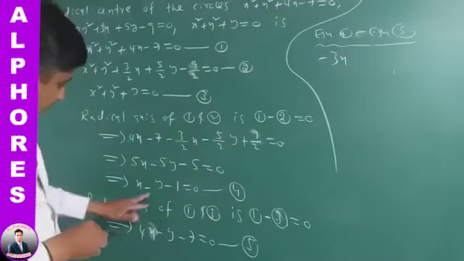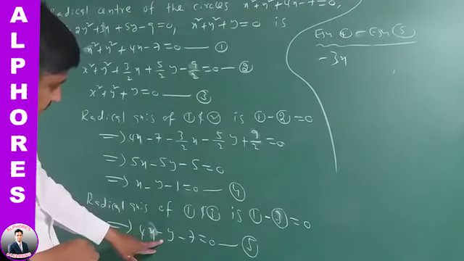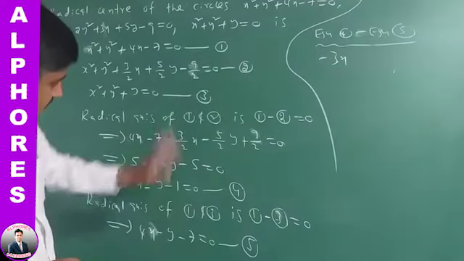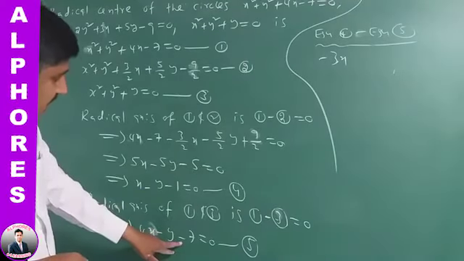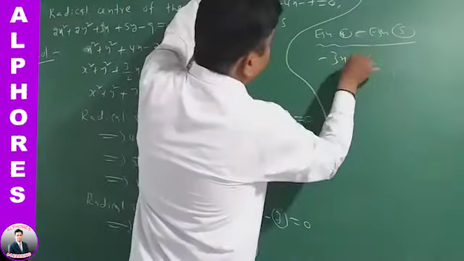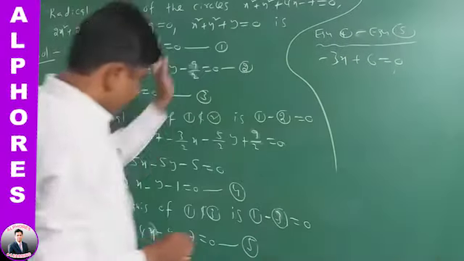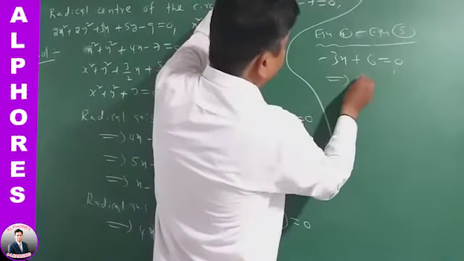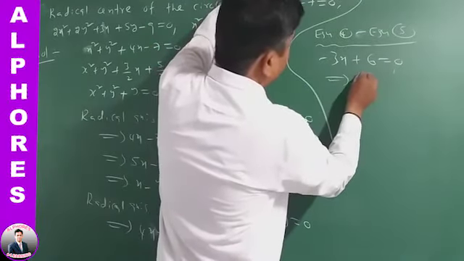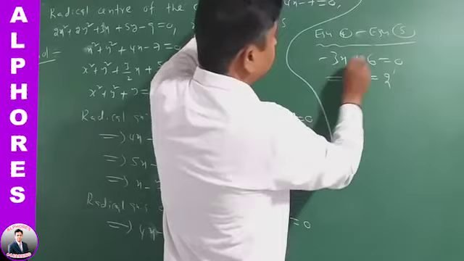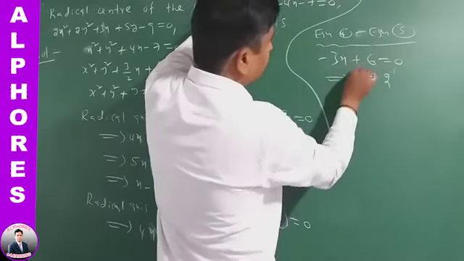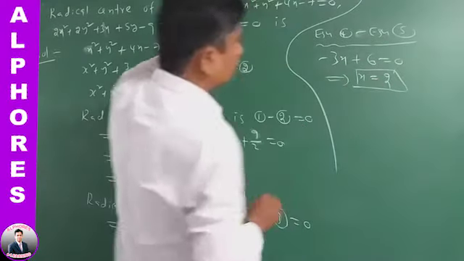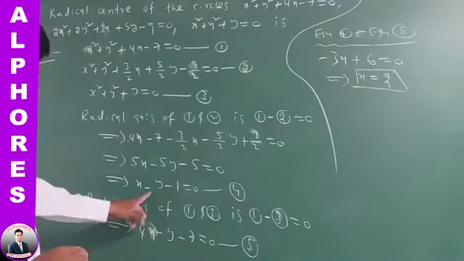Next, minus y plus y cancel. Then minus 1 plus 7 gives plus 6. So minus 3x plus 6 equal to 0, which implies 3x equal to 6, so x equal to 2.